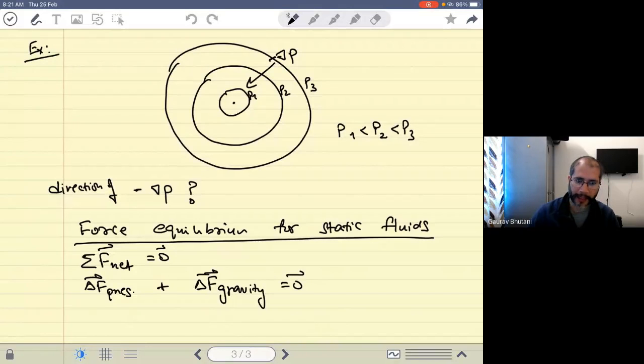Okay, so the delta F pressure, as we just found out, is minus grad P, and since we're talking about the force now, we have to multiply it with the infinitesimal volume, and the force of gravity is nothing but mg, and the mass of this infinitesimal element is density times its volume, and then we have the g vector.